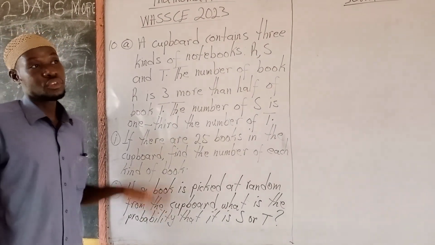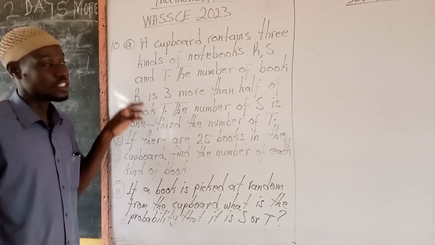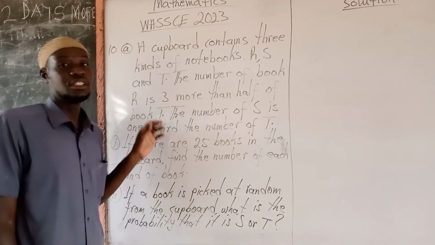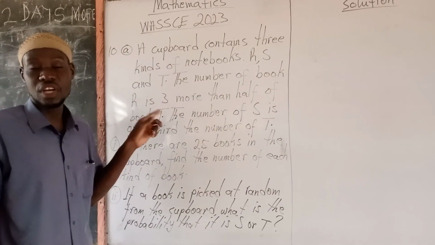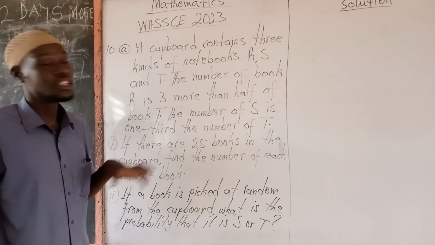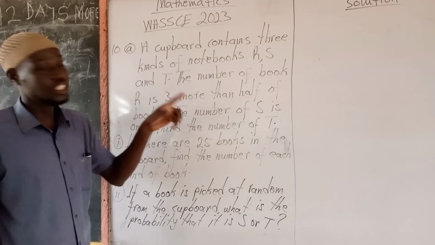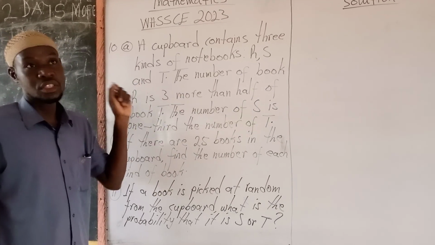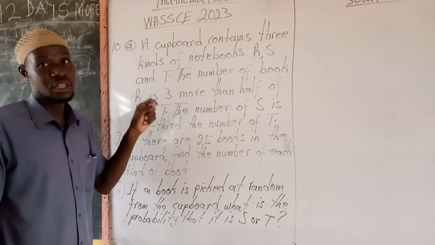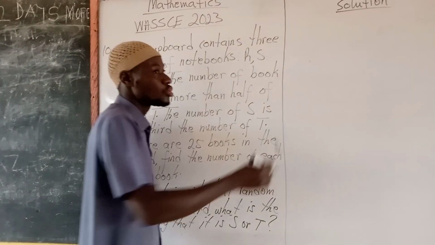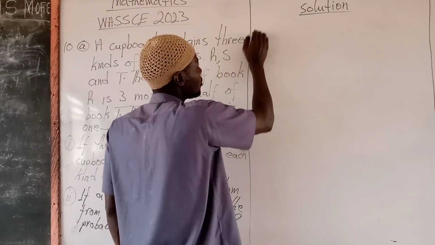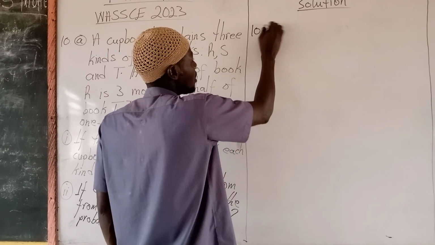So to solve this, first of all, we need to identify the central quantity in the three kinds of book. If you look at the question, you realize that the central quantity of the three books is book T. So first of all, get a variable to represent book T. So solution for question 10a.